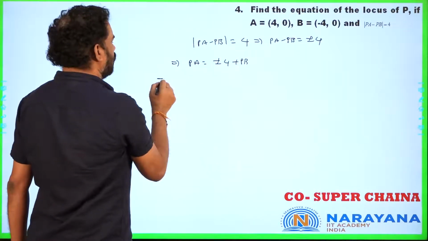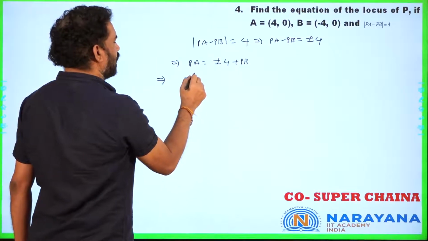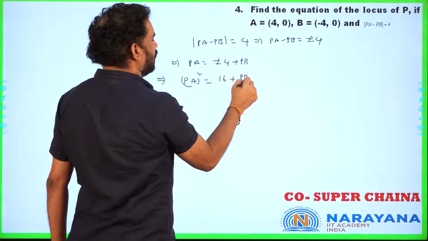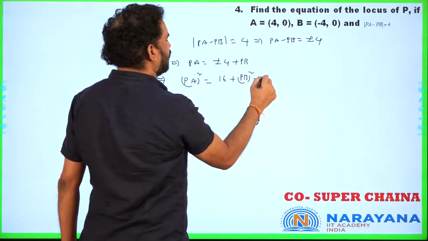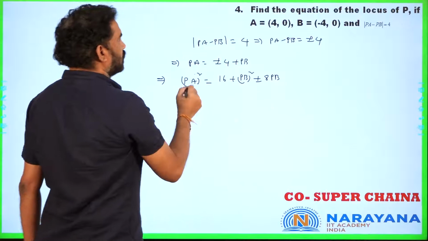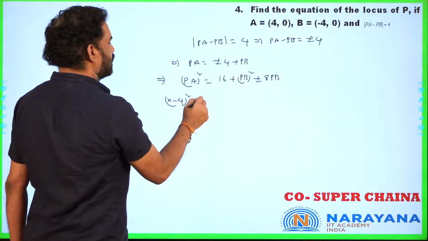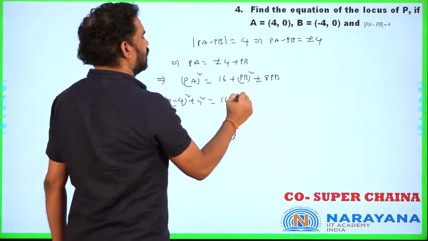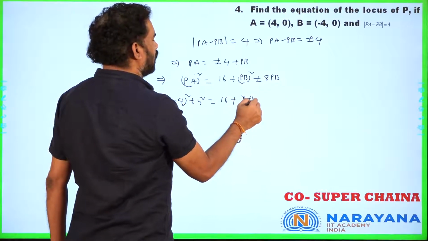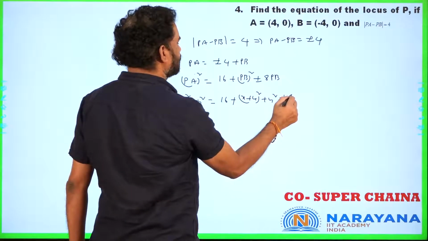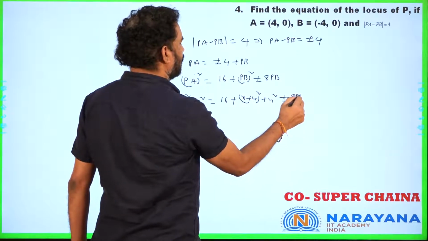Squaring, PA square is equal to 16 plus PB square plus or minus 8 PB. So PA square, (x minus 4) whole square plus y square, equals 16 plus (x plus 4) whole square plus y square plus or minus 8 PB.